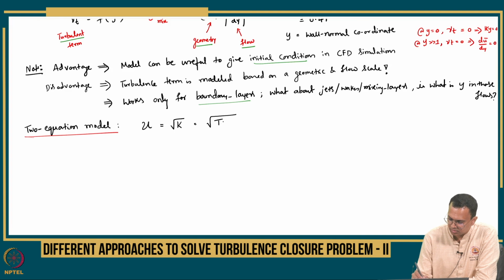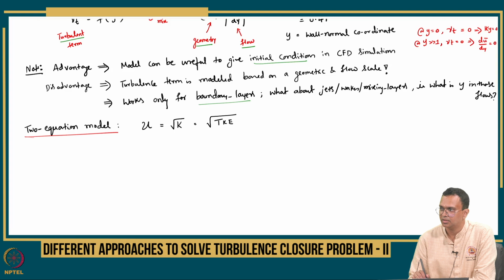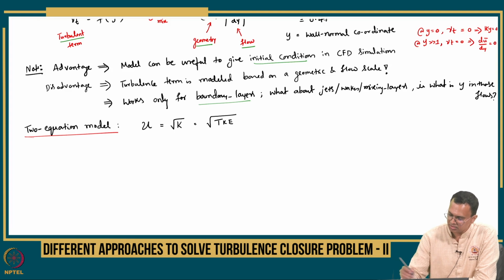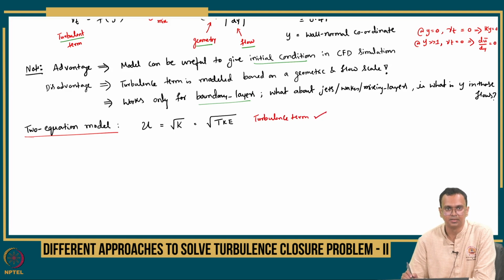So, now a turbulence term is included. This is good. The velocity scale is addressed.